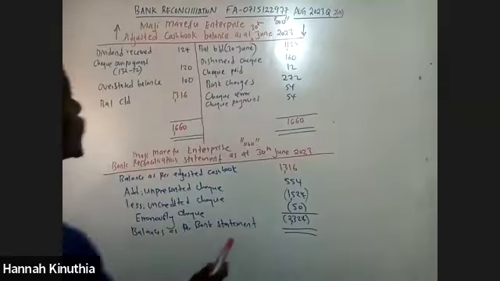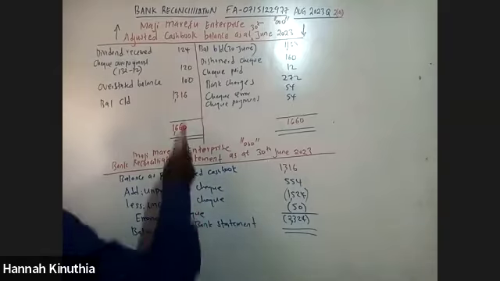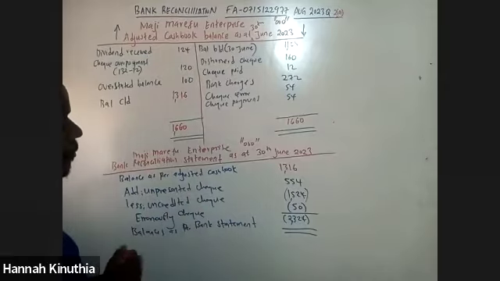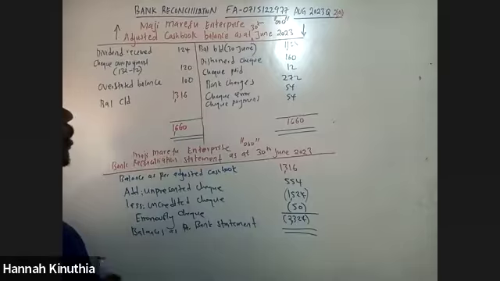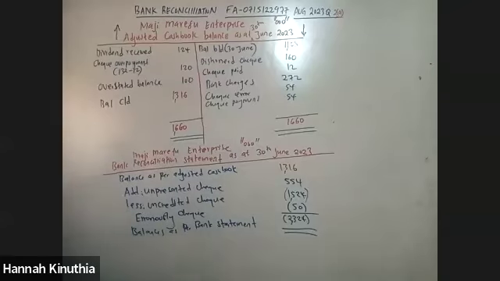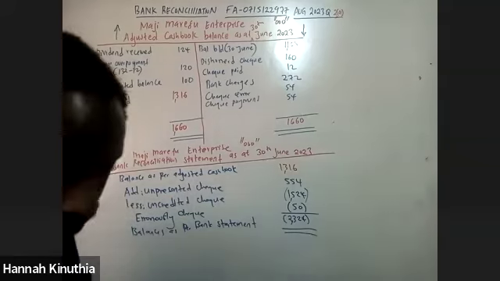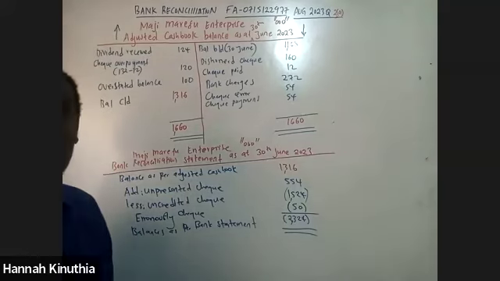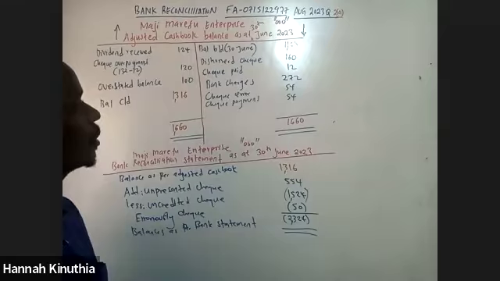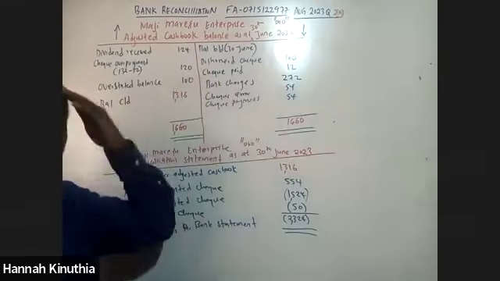So mnasema hapa mnapata ngapi? Mkoshe amount ni correct. Sina calculator my people, so hiyo amount ni correct. This one ukiadd, it is correct.